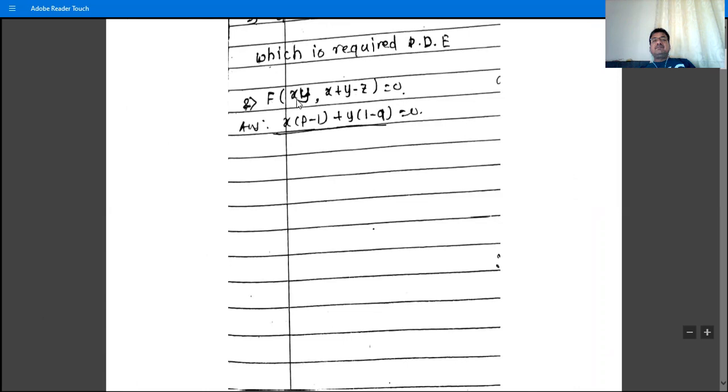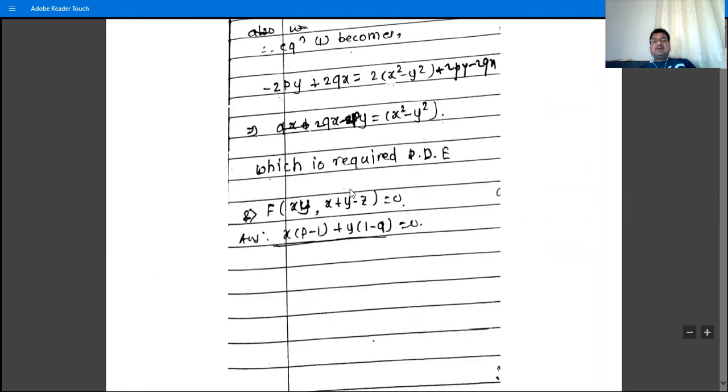Same procedure: denote x into y as u and x plus y minus z as v, and write this equation that p ∂(u,v)/∂(y,z) plus q ∂(u,v)/∂(z,x) is equal to ∂(u,v)/∂(x,y), and find all these three Jacobians, substitute the values, and we get this answer: x in bracket p minus 1 plus y in bracket 1 minus q is equal to 0, the corresponding required partial differential equation.